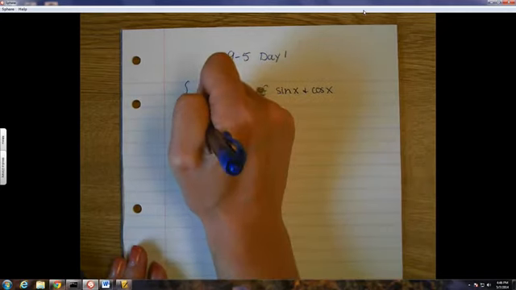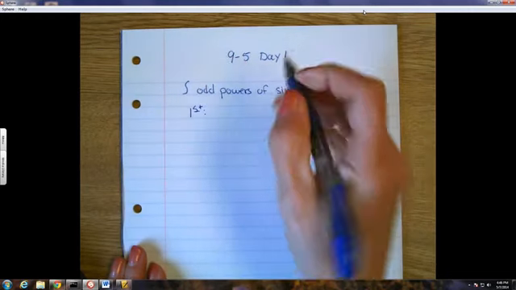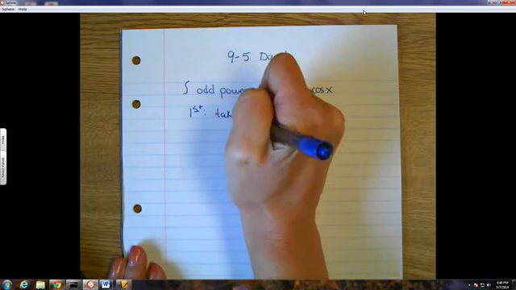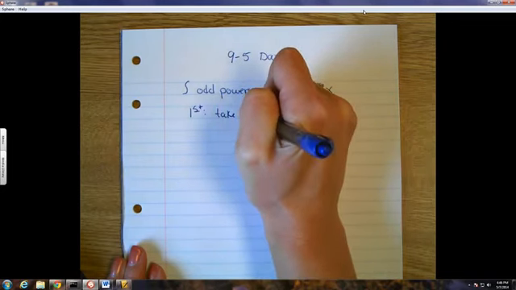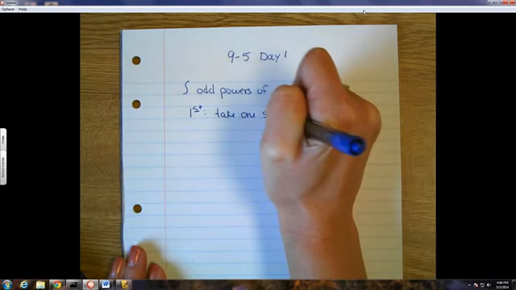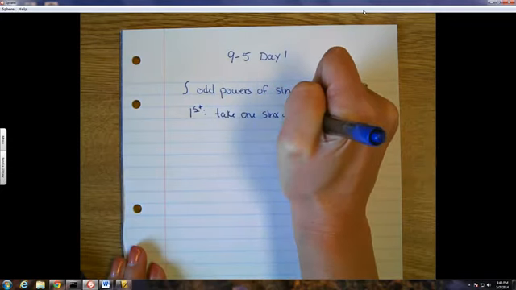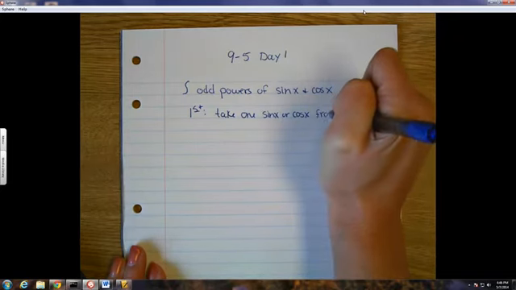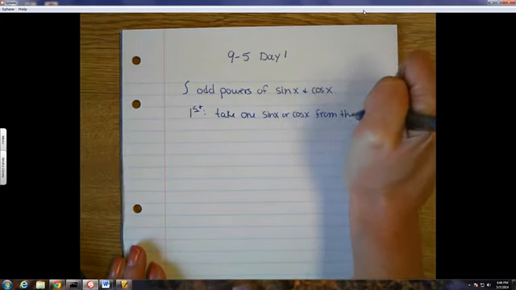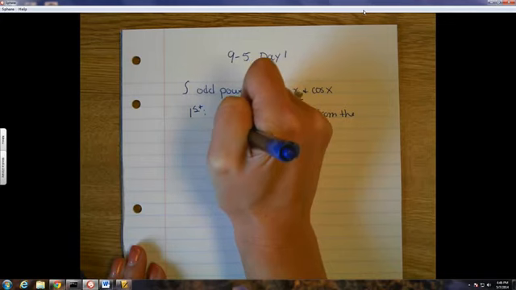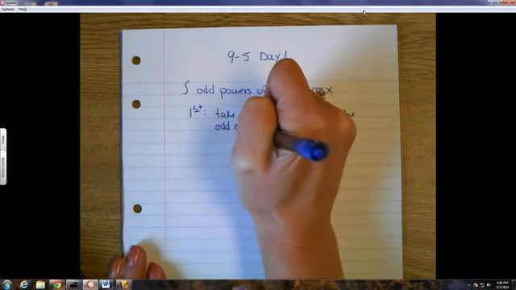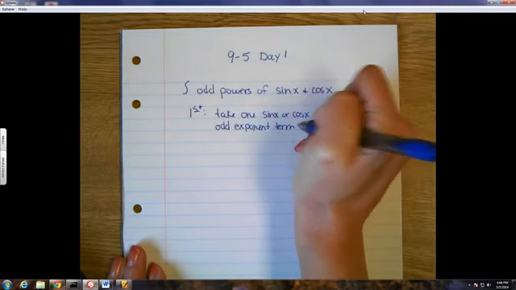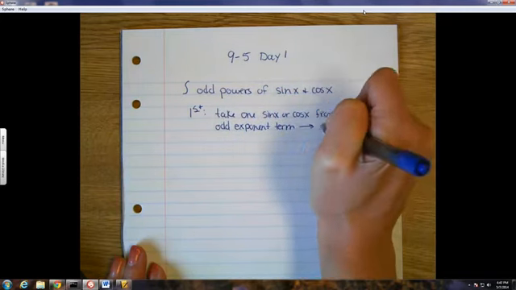First step is to take one sine or cosine from the odd exponent term and associate it with the dx. So just slide it over next to the dx.